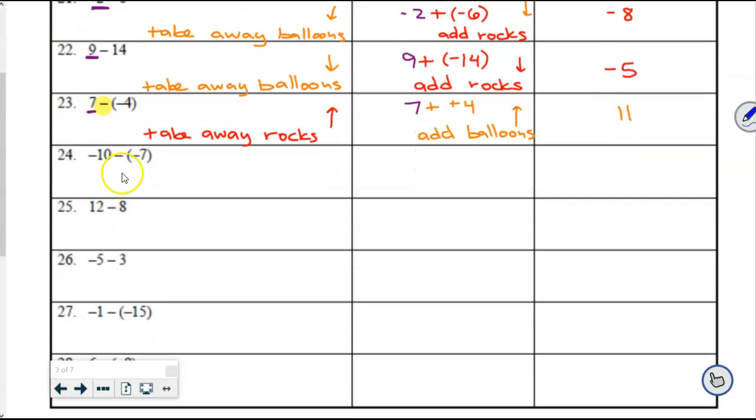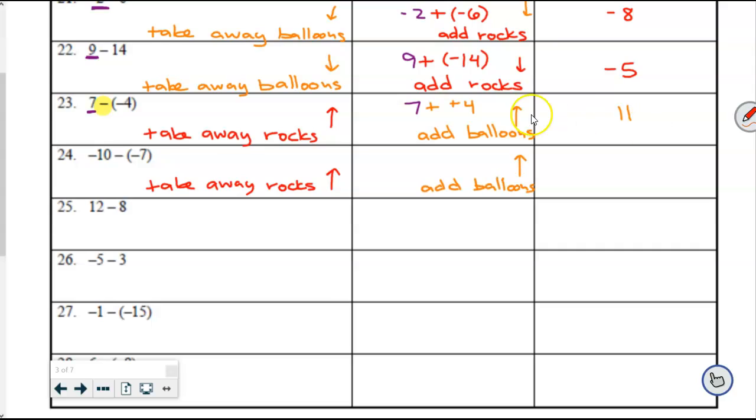Number 24. Negative 10 minus a negative 7. I am taking away rocks. And again, if I take away rocks, there's less in the basket to weigh it down, so the basket goes up. I can also make the basket go up by adding balloons.